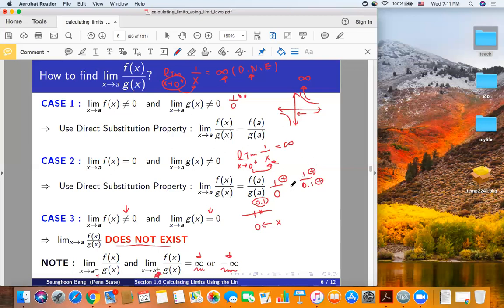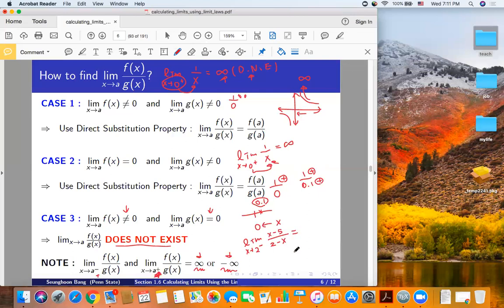I want to give another example to you here. Limit as x approaches 2 from the left of (x minus 5) over (2 minus x). What is the answer?